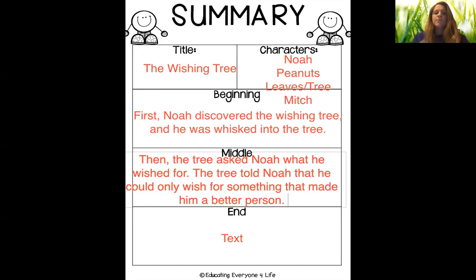Like I said, 4 to 5 sentences to get this all wrapped up, and that's what a summary is. So we're just writing a 4 to 5 sentence paragraph about the story that we read. So I have, then the tree asked Noah what he wished for. The tree told Noah that he could only wish for something that made him a better person.